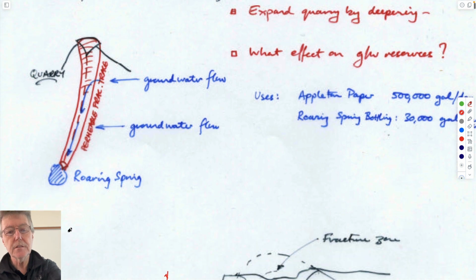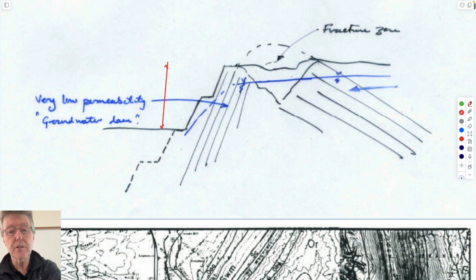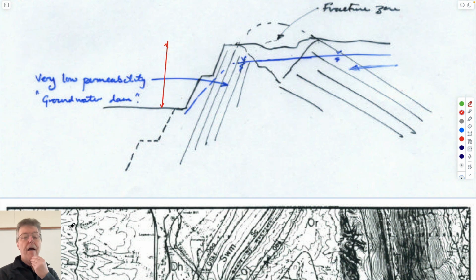But the concerns of the paper company were that the reason that this works as a viable quarry was that these vertical beds, which are really quite low permeability, act as basically a groundwater dam. So this fracture zone is super permeable. It's transporting water towards me and away from you, into the page, so to speak. And this acts as a groundwater dam, and it gathers all the groundwater that's traveling from the east westwards.